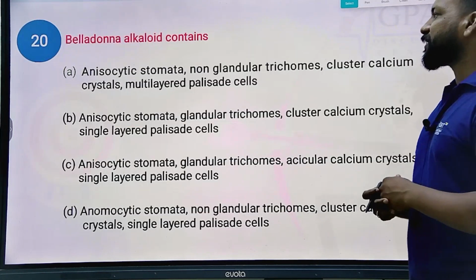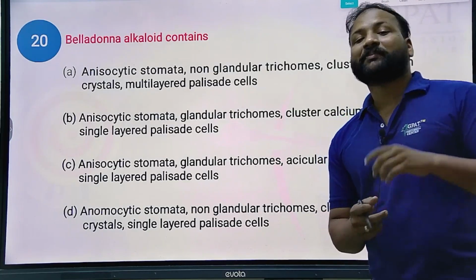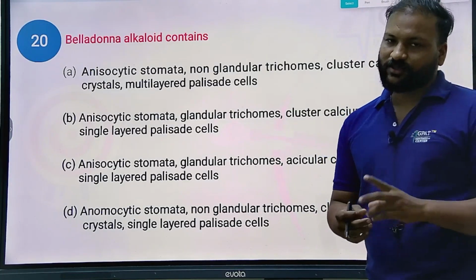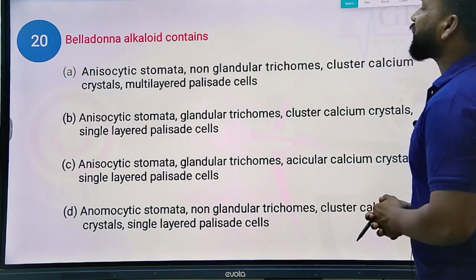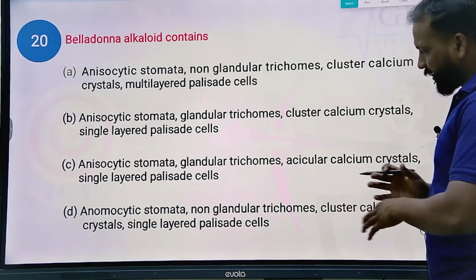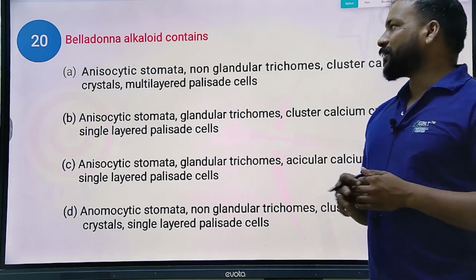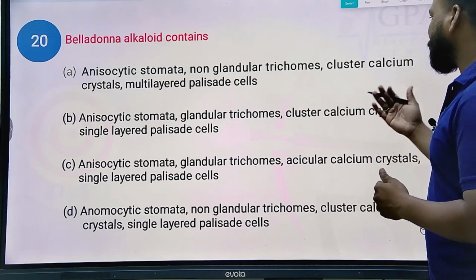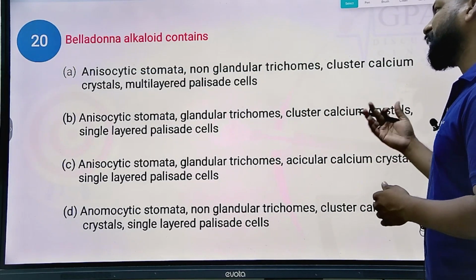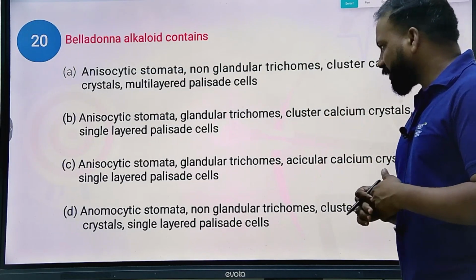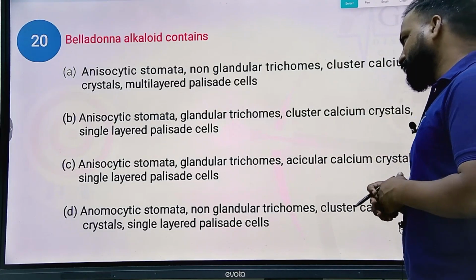And last question of this series, and do not forget to mention how many right answers you have got in this total series. Belladonna contains which microscopy? The question is directly from the microscopy of belladonna. Atropa belladonna contains anisocytic stomata, glandular trichomes, and cluster crystals.